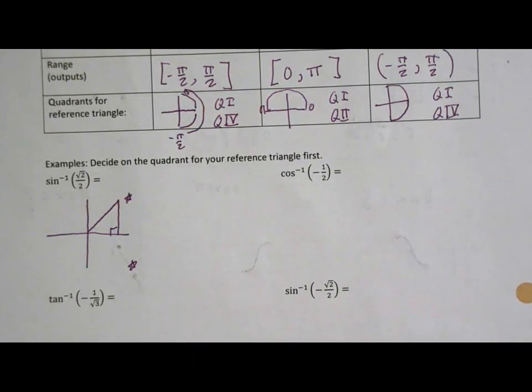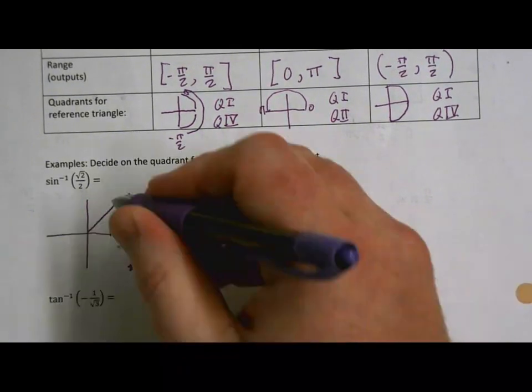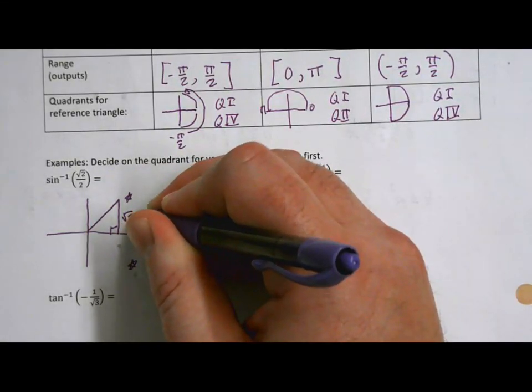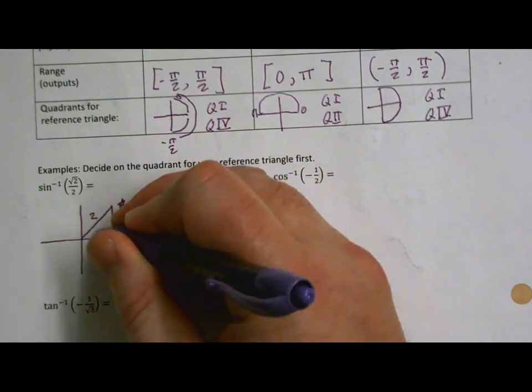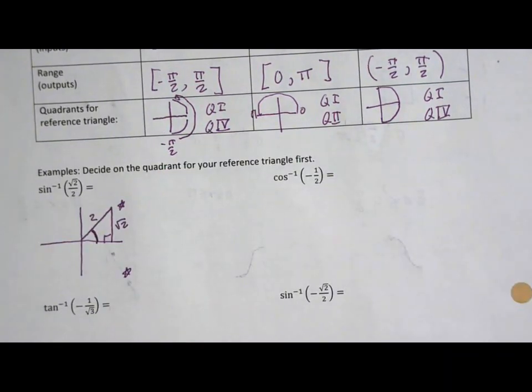So let's stick some values on here. We've got sine, which is opposite over hypotenuse, so root 2 over 2. And our goal is to find the angle, not the reference triangle.